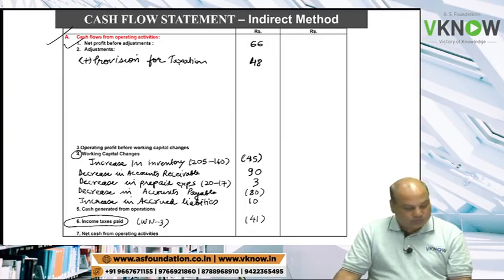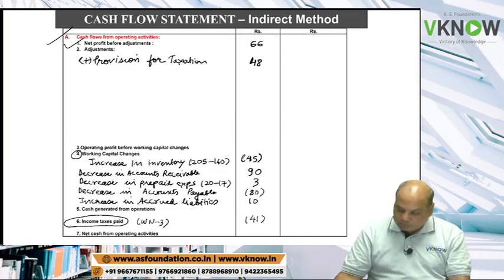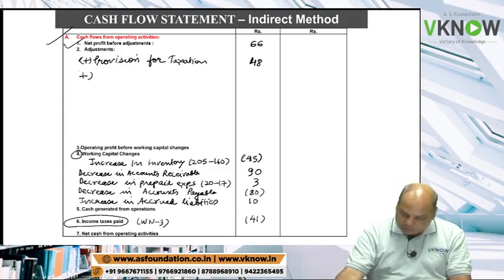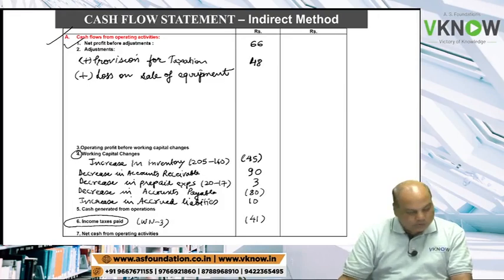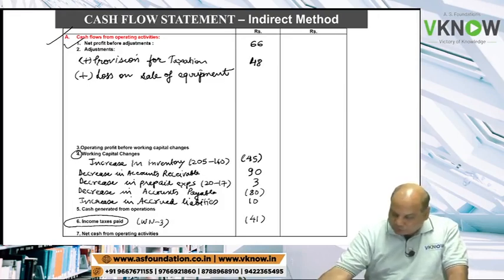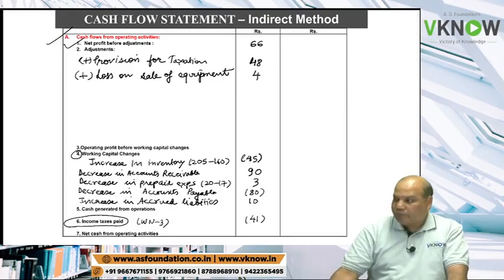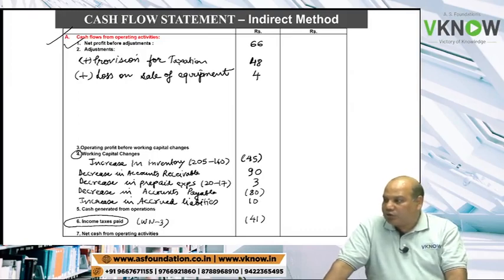This is about income tax provision. And there is one more line, loss on sale of equipment. Add back loss on sale of equipment 4 in adjustment.